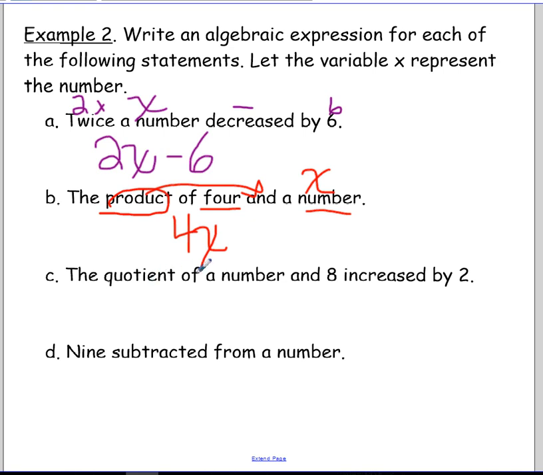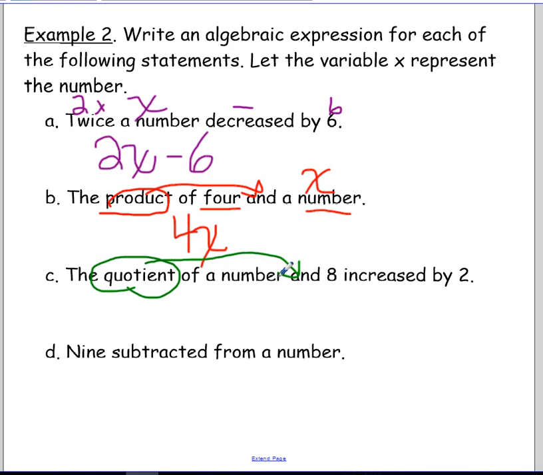The quotient of a number and 8 increased by 2. So again, I see the word quotient tells me it's division. The word and is where my fraction bar is going to go.